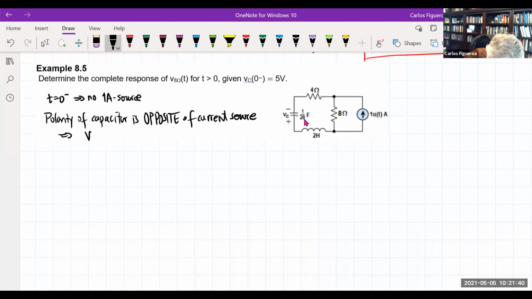This implies that VC of 0 minus is really what? Minus 5 volts, not 5 volts, because we have to pay attention to that.